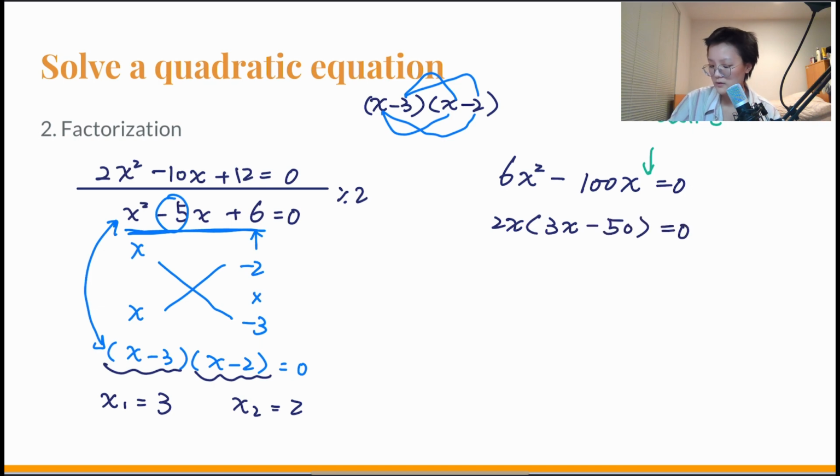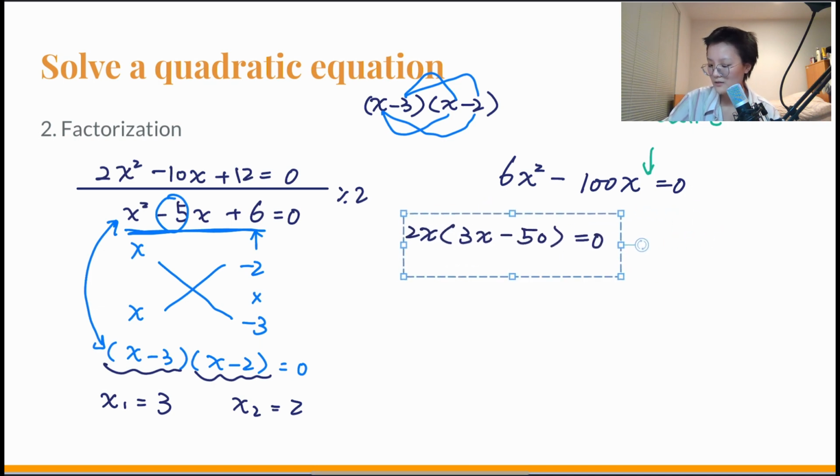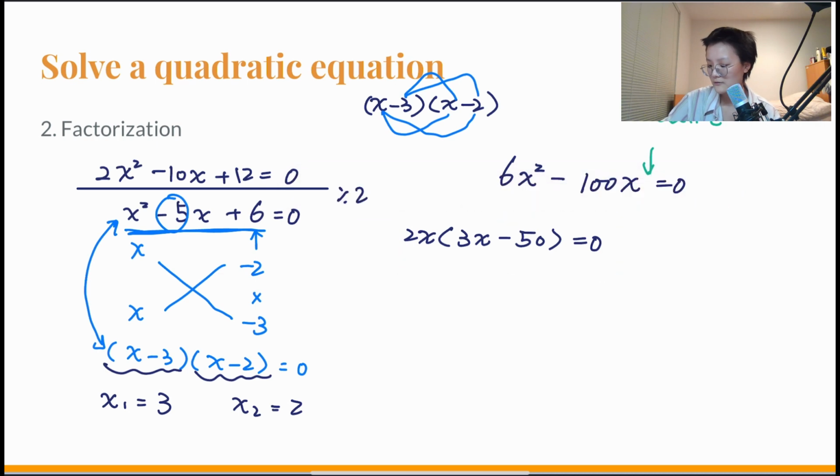Or if you don't want to consider that too, you could also just factor out x, which will give you 6x minus 100. They are exactly the same thing, just whether you like to do one more step or combine them.